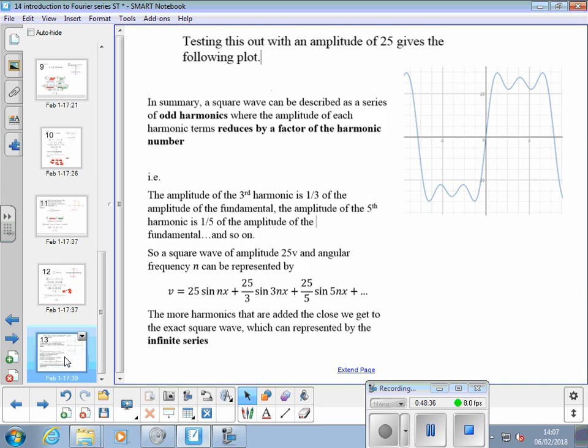The more harmonics that are added, the closer we get to the exact square wave, which we could represent by an infinite series.